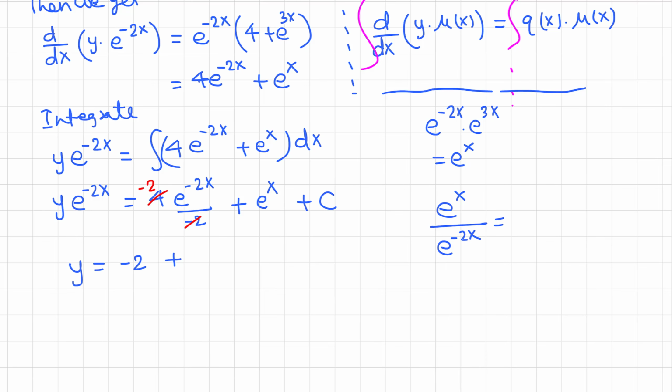This moves up, so x plus 2x, e raised to 3x, plus C over e to the negative 2x, which is C e to the 2x on the top. So that is a function, y is a function of x. That's the final solution.